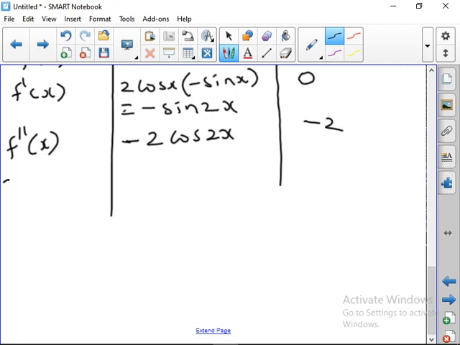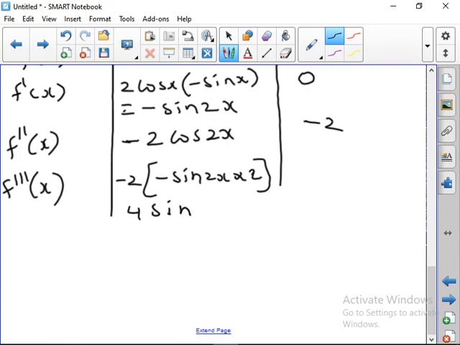Then f triple dash of x: differentiate again, minus 2 into minus sin 2x into 2. Minus into minus is plus, so 4 sin 2x. Sin 0 is 0, so we get 0 here.